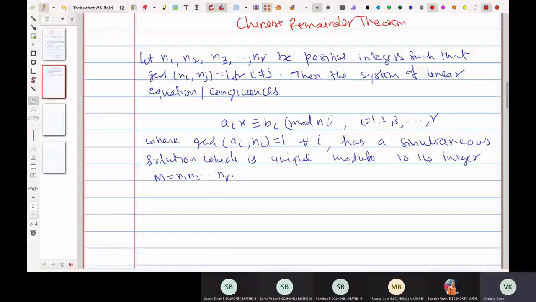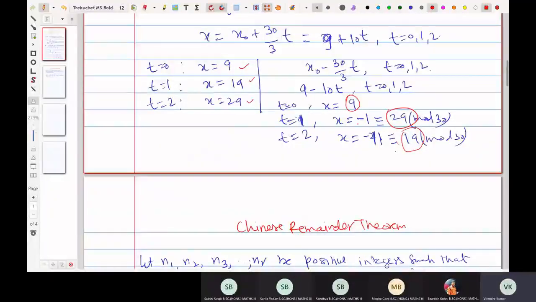Just like we wrote here that this minus 11 is equivalent to 19 modulo 30.